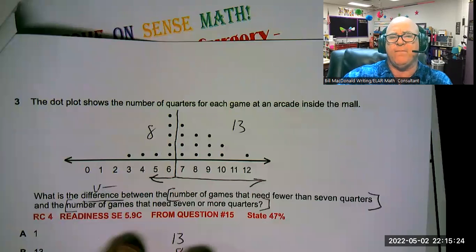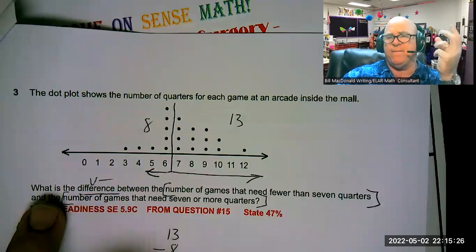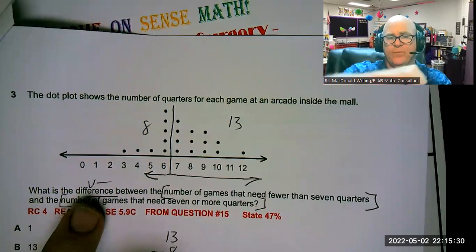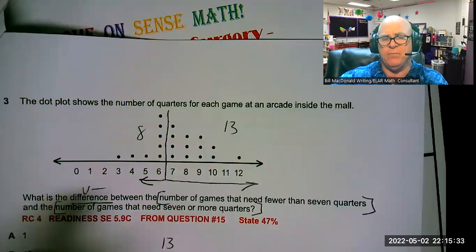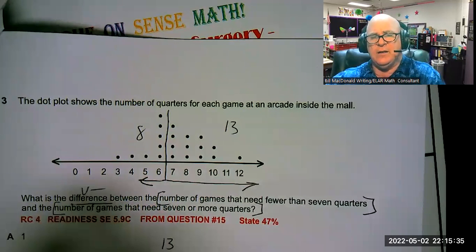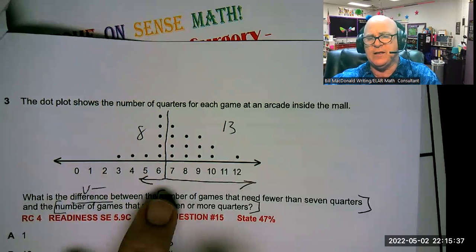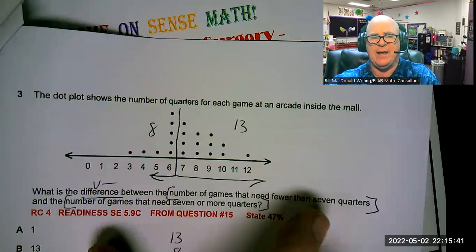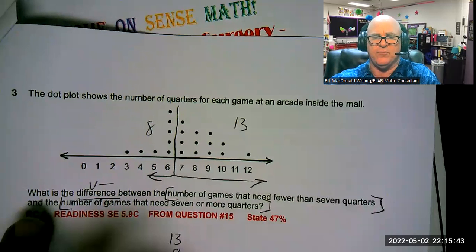What is the difference? Difference, you subtract between the number of games that need fewer than 7 quarters. The word "and" is the comparison. So fewer than 7.